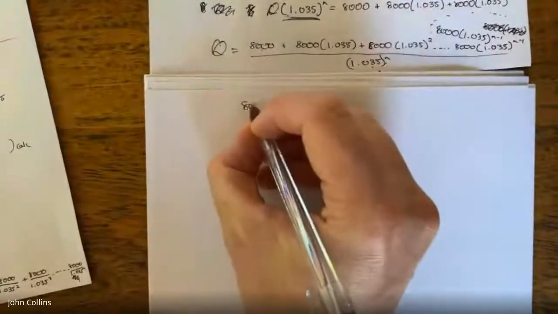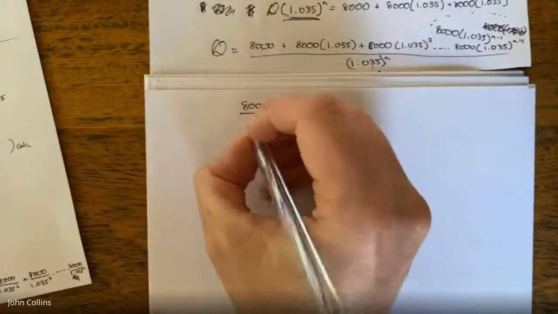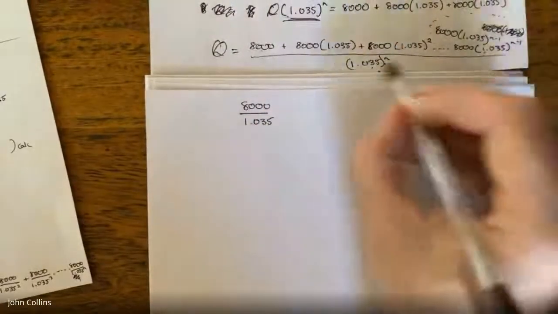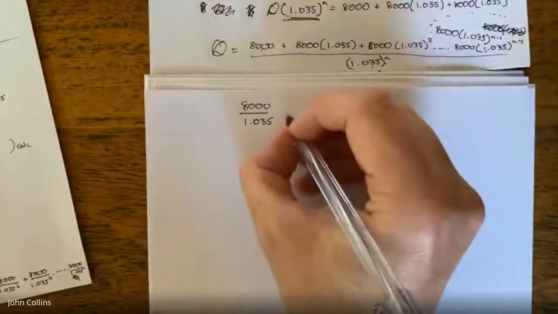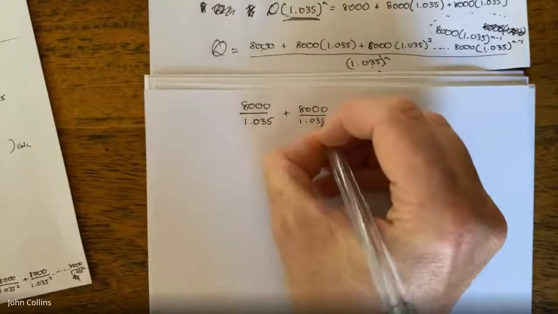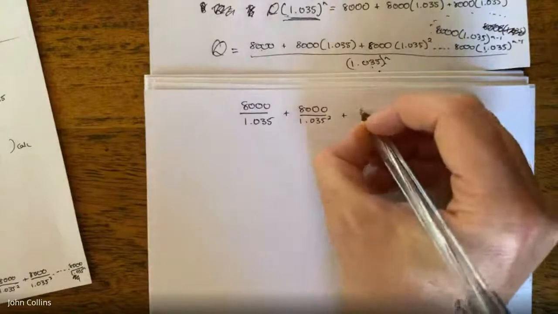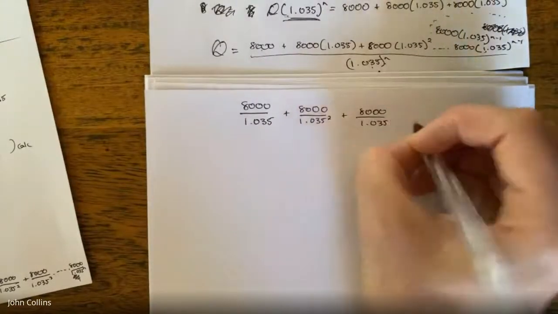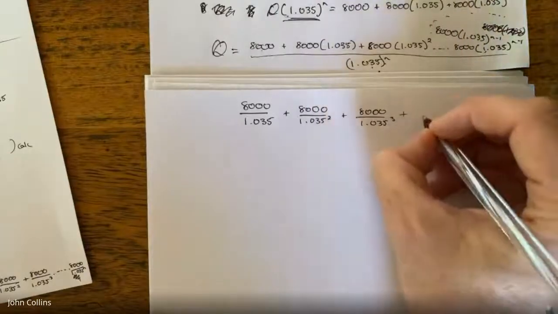So it is 8,000 divided by 1.035, which is this and this term combined. And then they have written it the other way around, and so on.